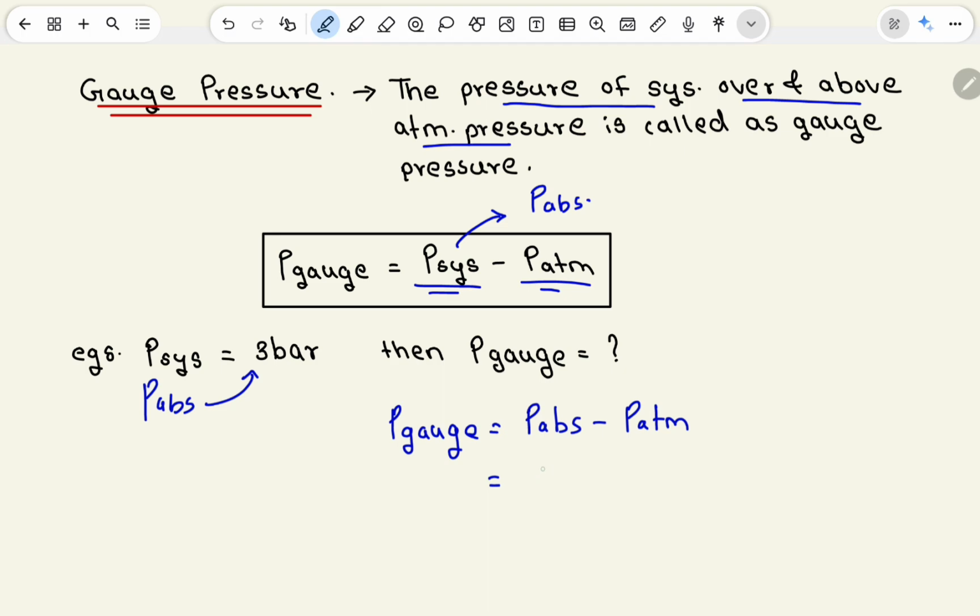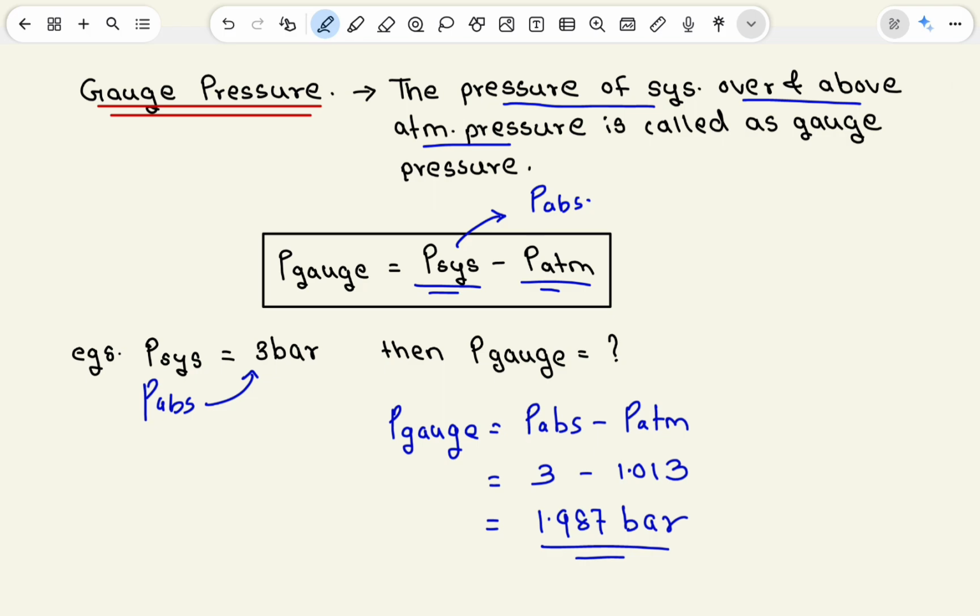The absolute pressure is given as 3 bar, and we know that the atmospheric pressure in bar is 1.013. When we do the subtraction, 3.000 minus 1.013, it comes out to 1.987 bar. So this is the gauge pressure.